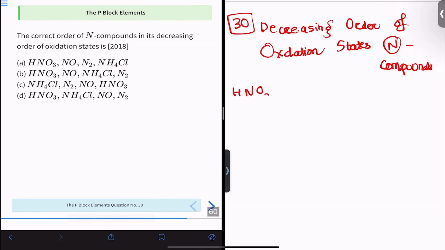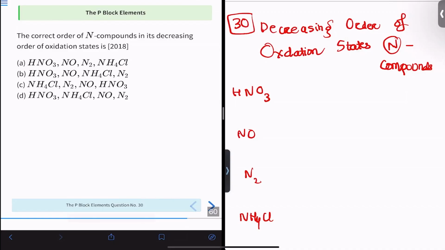One is HNO3, one is NO, one is nitrogen, another one is ammonium chloride. So you have to find out in which compound nitrogen has the highest oxidation state, and in which nitrogen has the lowest oxidation state.